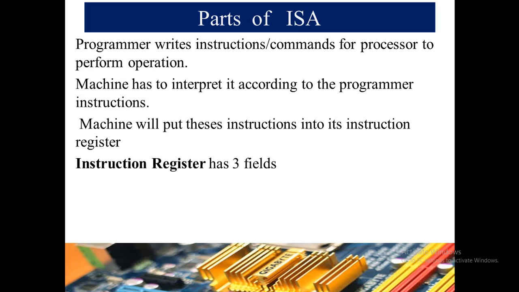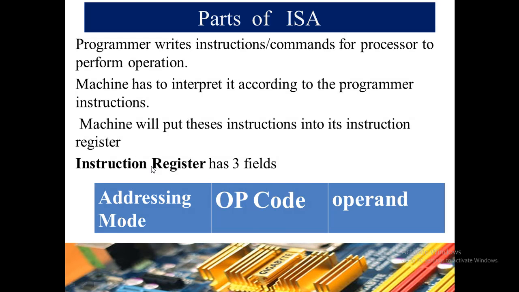Basically, the instruction register has three fields. Number one is addressing mode, number two is opcode, and number three is the operand. Addressing mode is optional. In some instructions, addressing mode is specified and in some it is not.